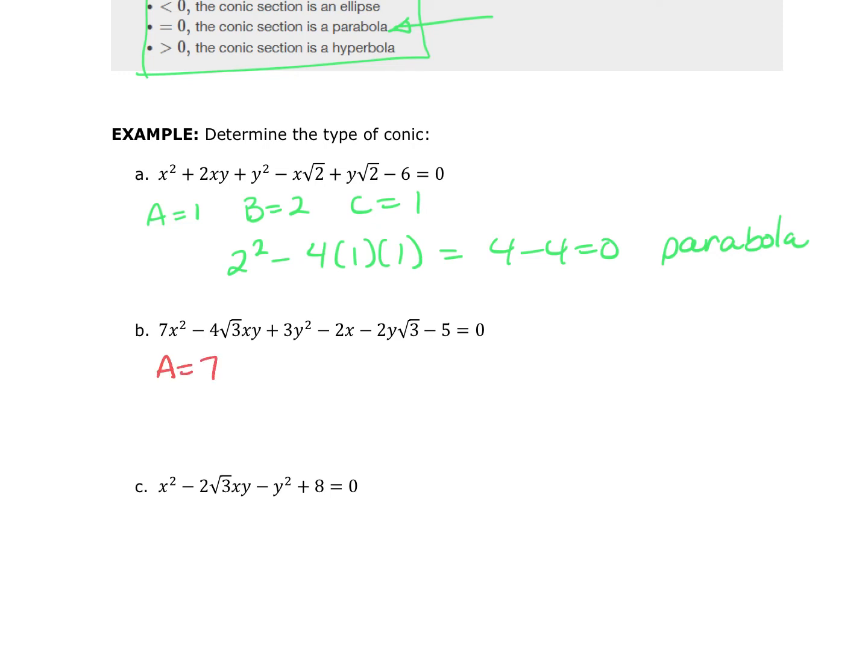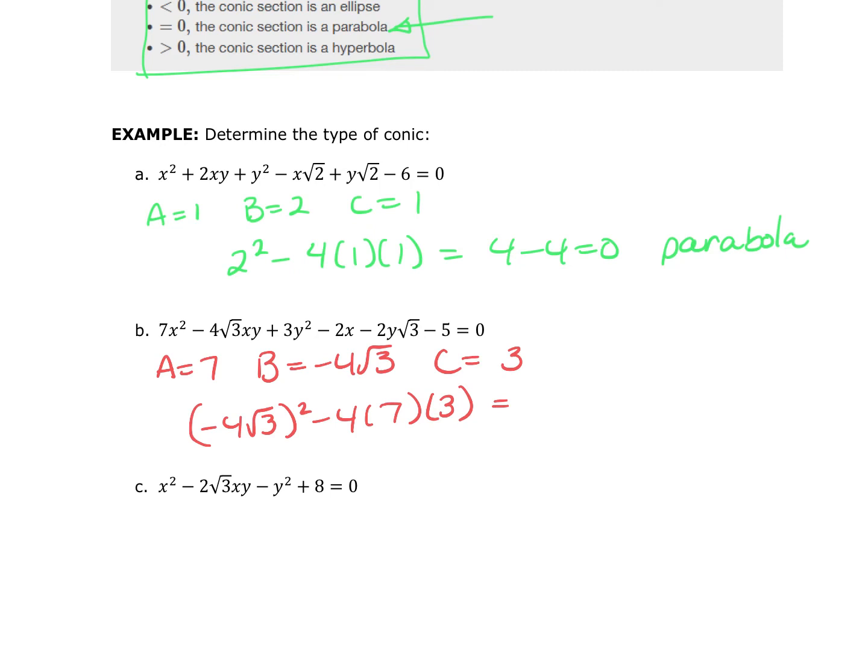A is 7, B is negative 4 square root of 3, C is 3. So B squared is negative 4 square root of 3, the quantity squared, minus 4 times 7 multiplied by 3. So I have 4 squared, which is 16, and then the square root of 3 squared, let me get my calculator out.